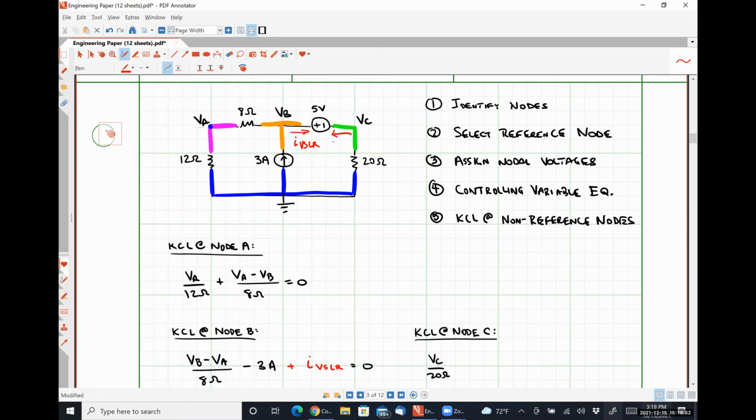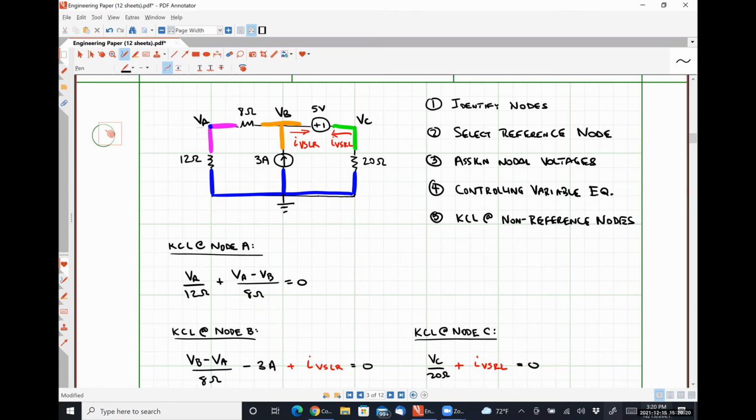So let's call this guy IVS RL for the current flowing through the voltage source from right to left. So how many equations do I have?